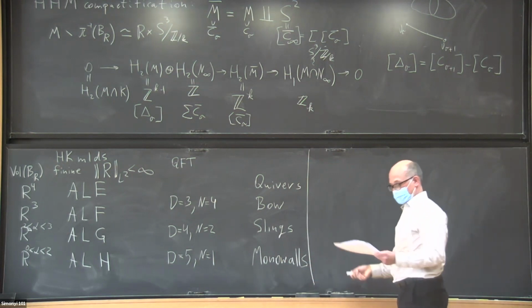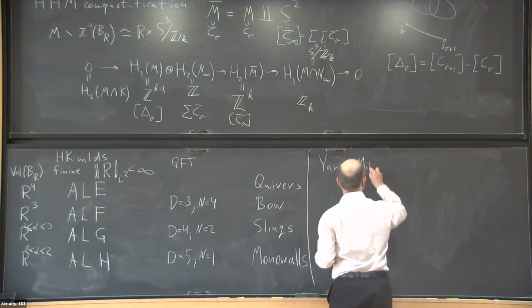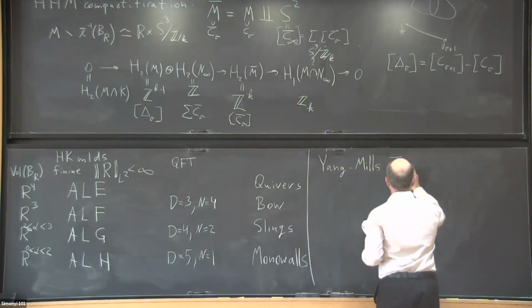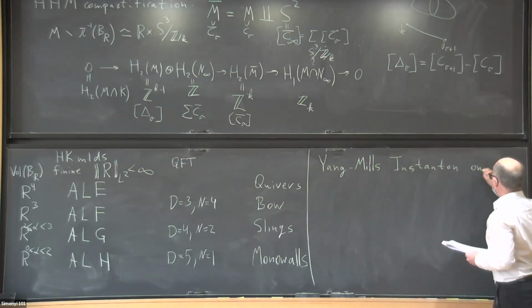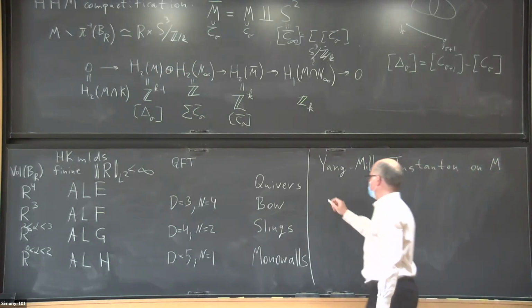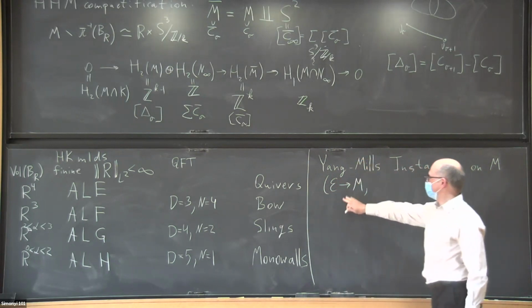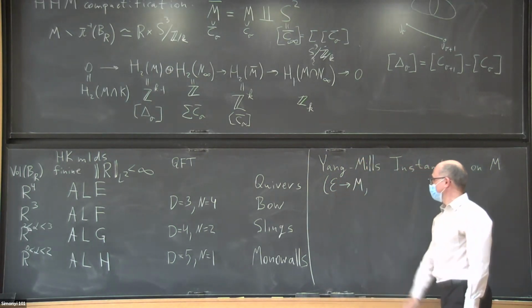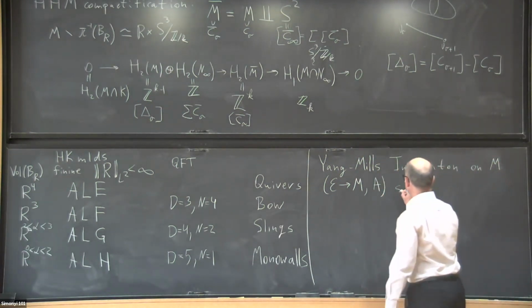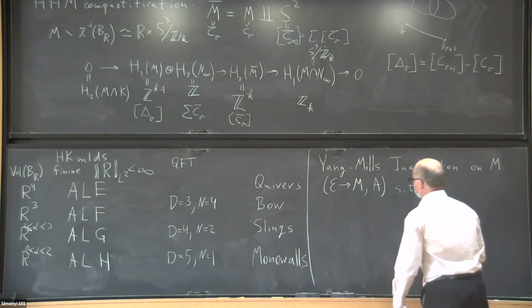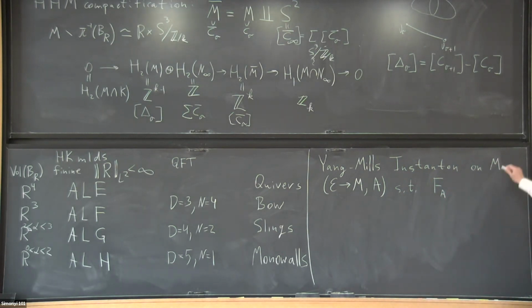So let me just define quickly what a Yang-Mills instanton is. A Yang-Mills instanton on manifold M is a bundle on M, a principal bundle on M, and a connection A, such that two things happen. The connection has a curvature F. This is a 4-manifold.